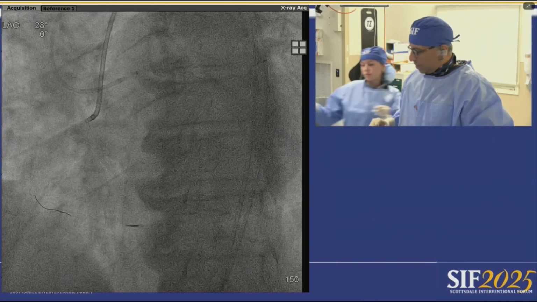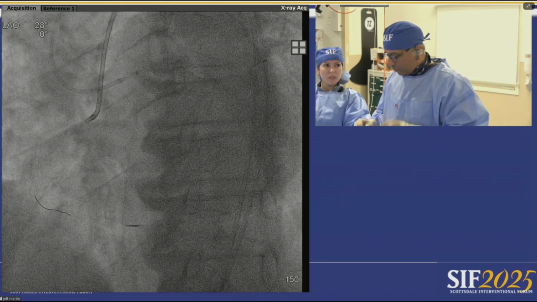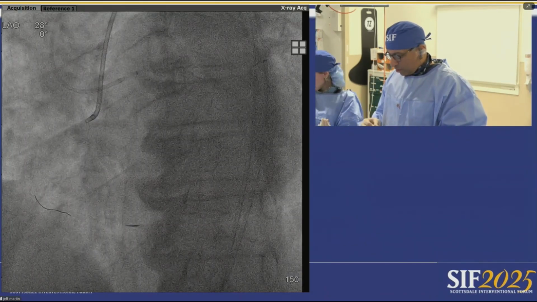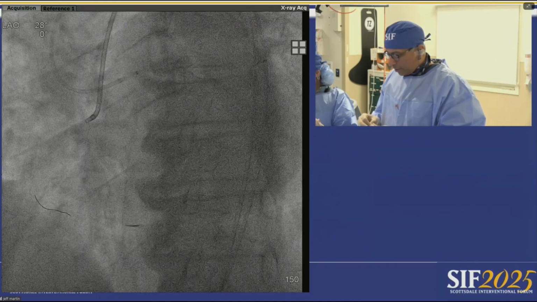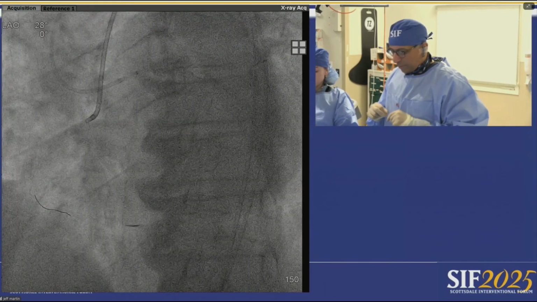So I think it's a standby situation unless you can really support it with hemodynamics up front, or when you start your ballooning of your left main or your intervention, your hemodynamics change and that justifies adding it at that time.